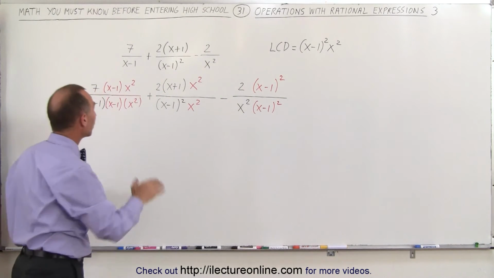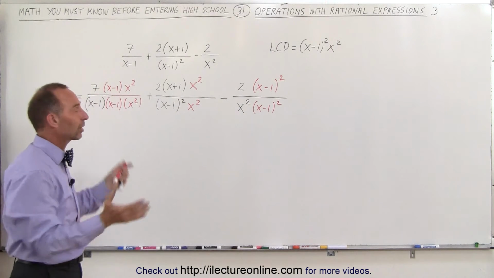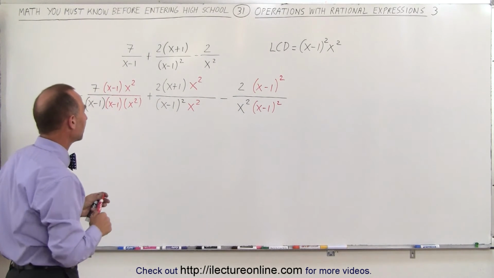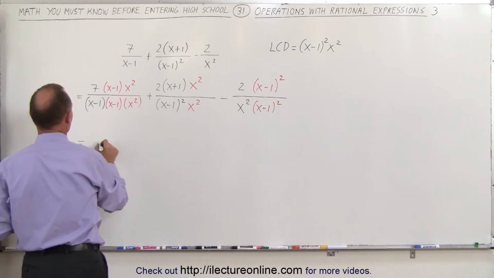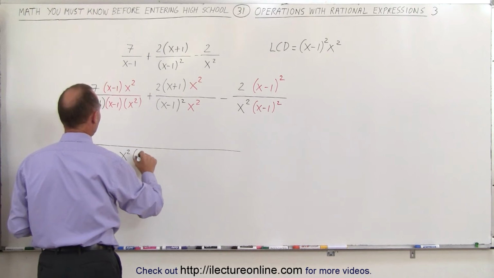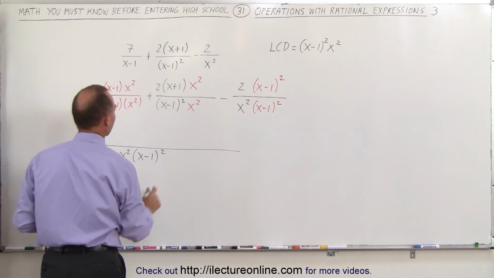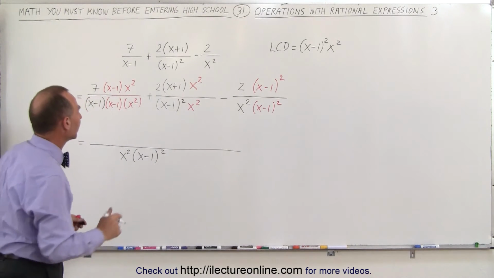But notice now that all three denominators are the same common denominator, which means I can write the whole thing over one common denominator. That means I can write the following: everything over the quantity x squared times (x minus 1) squared. Now I'm going to multiply these out and collect common terms for the numerator.